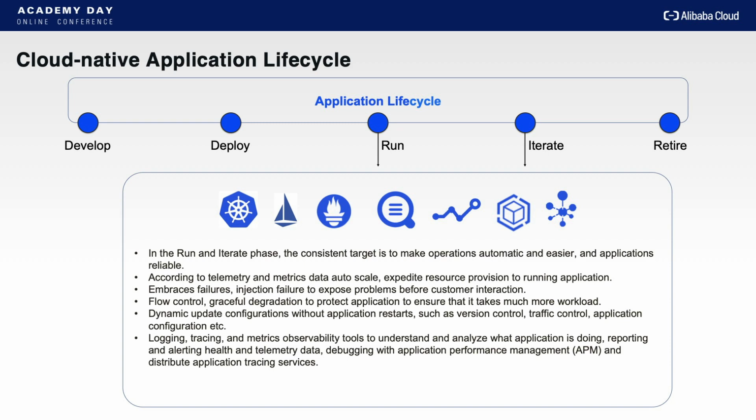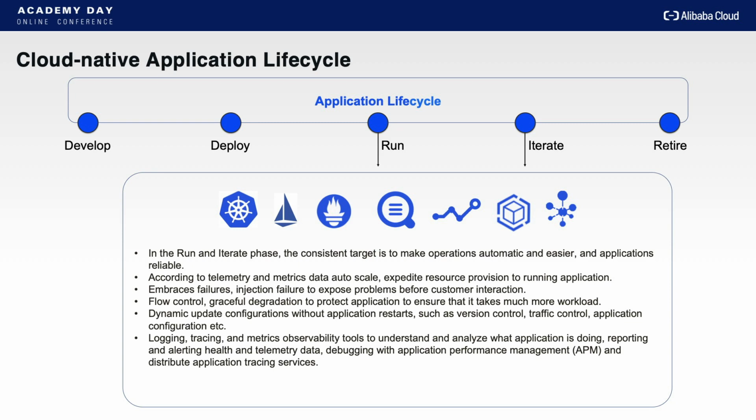And you have to embrace failures, injecting failures to expose problems before customer interactions. In this phase, you also need to take care of flow control and graceful degradation to protect the application and ensure that it can take much more workload, and dynamic configuration updates without application restarts, such as version control, traffic control, application configuration control, etc.